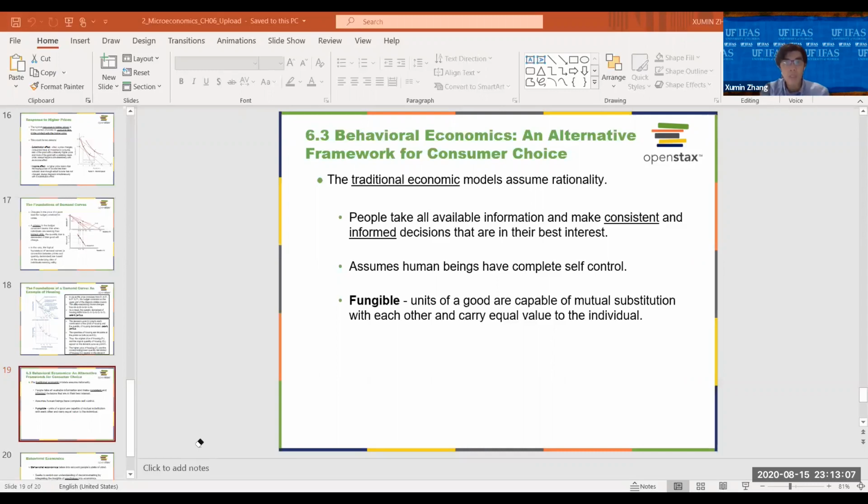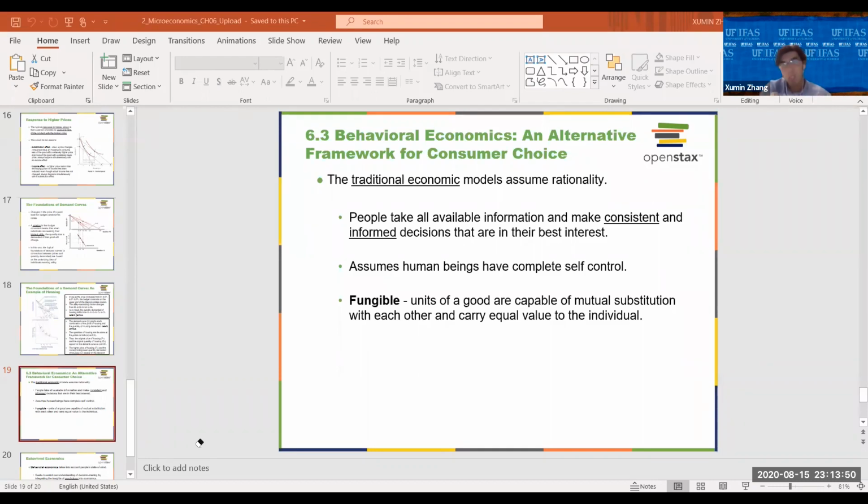There is something we have to consider, like the behavioral aspect. This behavioral economics is not integrated into the previous, traditional economic discussion. You can treat this as a new field, about how behavior affects decision making.